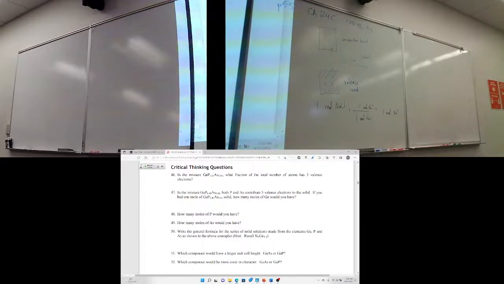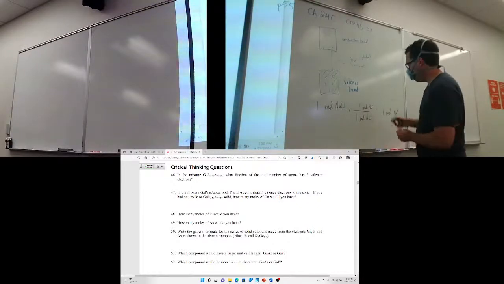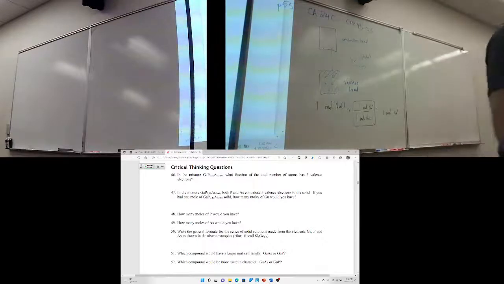So in this case, if I have a mole of that stuff, there's going to be a mole of gallium in it. But with these two, it's going to be a fraction. Yeah, exactly. So you can build these mole ratios based on the formula itself. So for every 1 formula, there's this many of each atom.